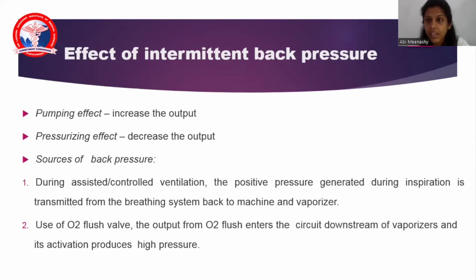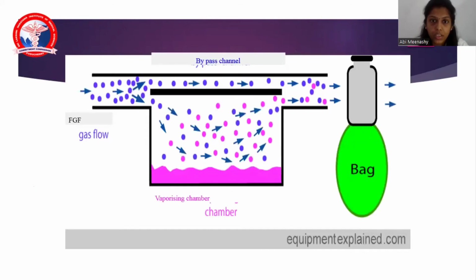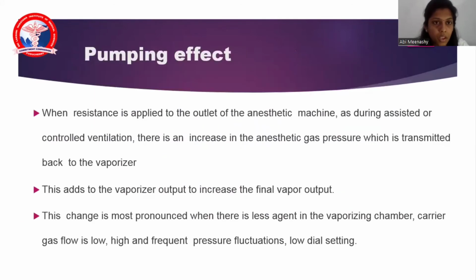When you are ventilating the patient via Ayre's, the positive pressure that is generated during inspiration is transmitted from your Ayre's back into the machine and back into the vaporizer. Again, that is one scenario. Another is use of your oxygen flush. Output from your O2 flush enters the circuit downstream from the vaporizer and it generates higher pressure. So we'll see how it increases the output.